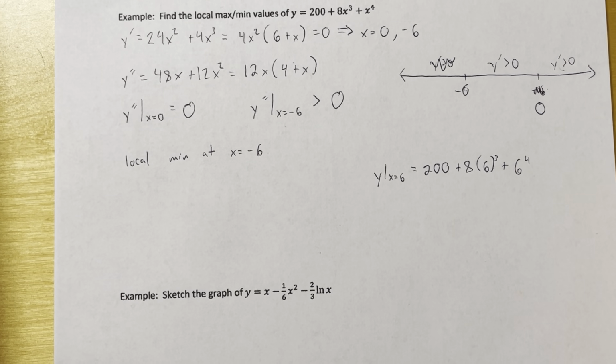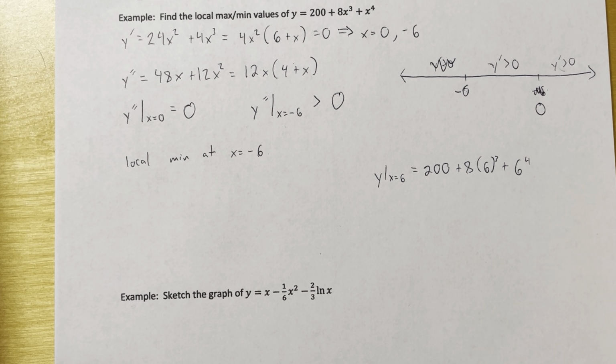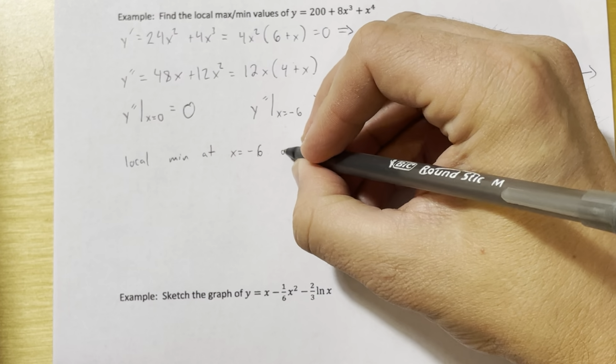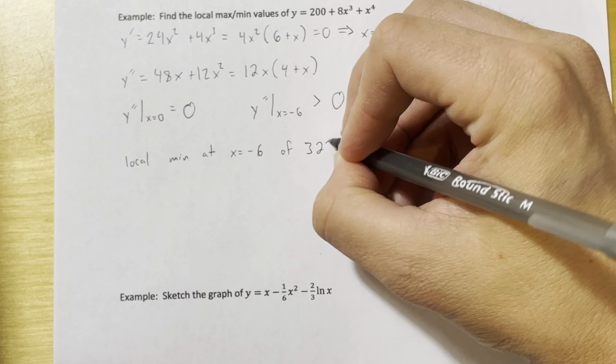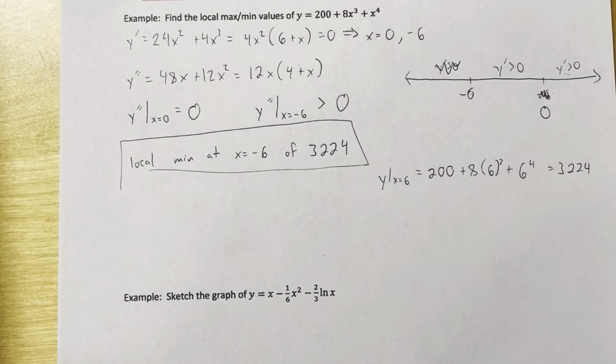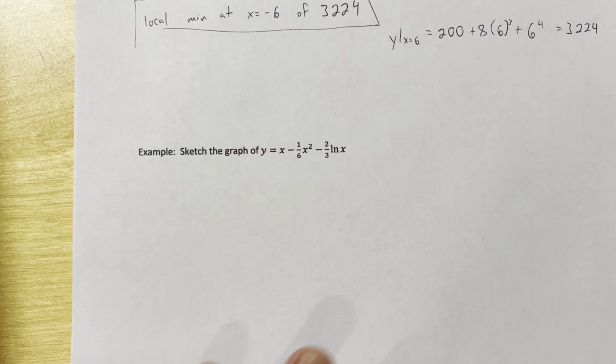So that's 200 plus 8 times 6 to the 3rd plus 6 to the 4th, 3,224. Okay, that's the only local extrema that we got out of this thing.